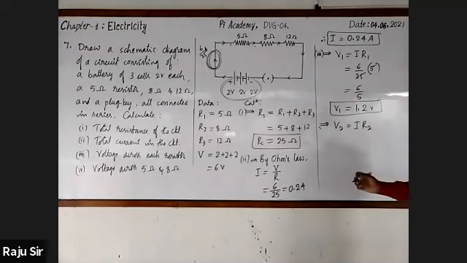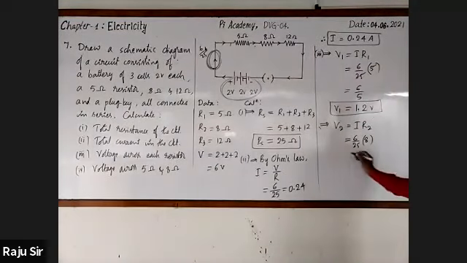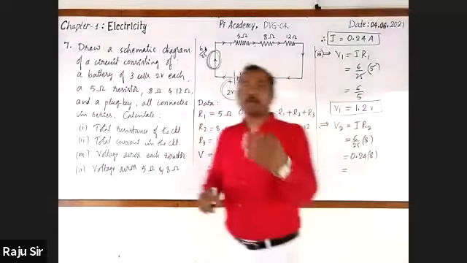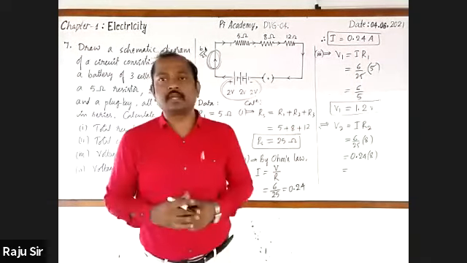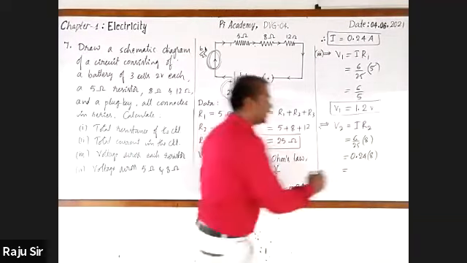We substitute and calculate, where I is 6 by 25, R2 is 8. You can take 6 by 25 as 0.24 also. 0.24 into 8: 24 eights are 192. We can write 1.92 volts.